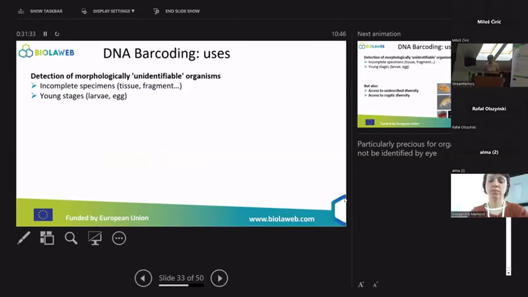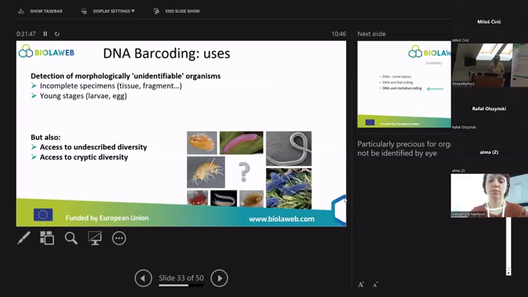Or you may have only young stages, such as larvae or eggs. Using DNA barcoding, you can obtain an identification from that. That's very interesting. Another big interest is that, as I showed for this Confonema parvulum complex, for example, it can help you better describe diversity, and access undescribed diversity and cryptic diversity.